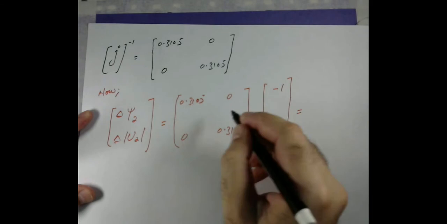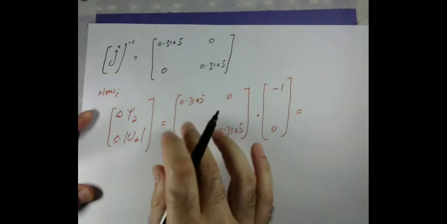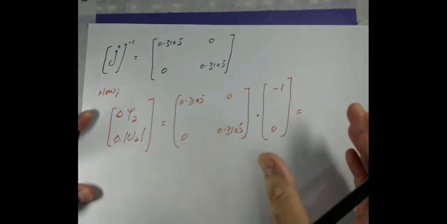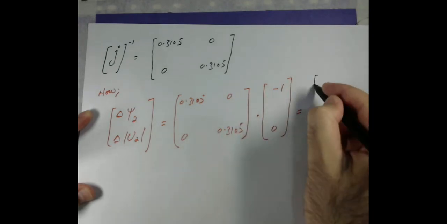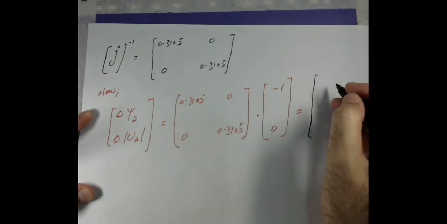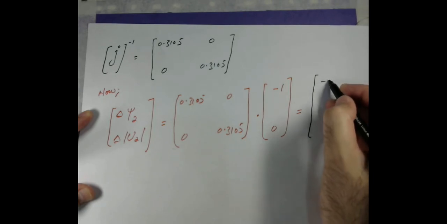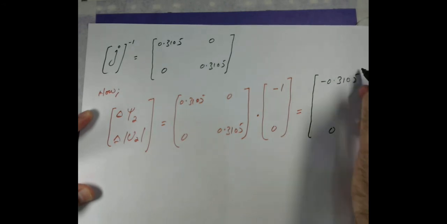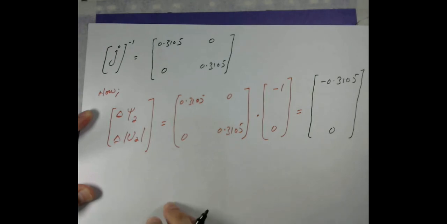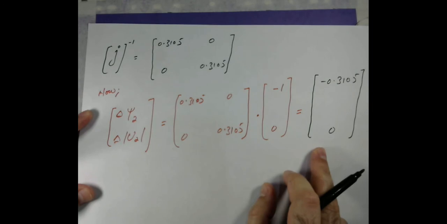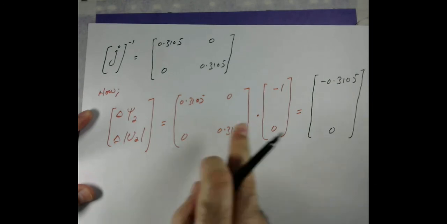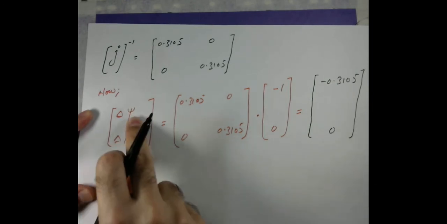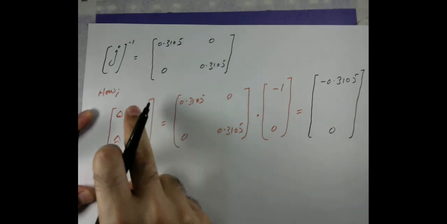I will not go through each and every step of the matrix multiplication, but rather write the result directly: 0.3105 and the other value is 0. So we have found the error both in the angle as well as in the voltage.